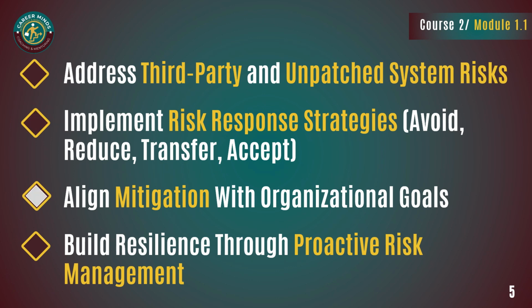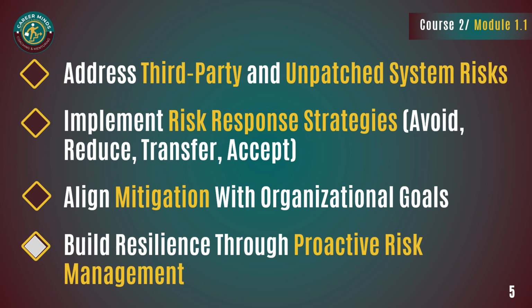Number 6, how to align industry-specific risk mitigation techniques with organizational goals in healthcare, finance, manufacturing, and tech sectors. And finally, how to build a resilient security posture by translating risk management into clear, actionable cybersecurity measures.